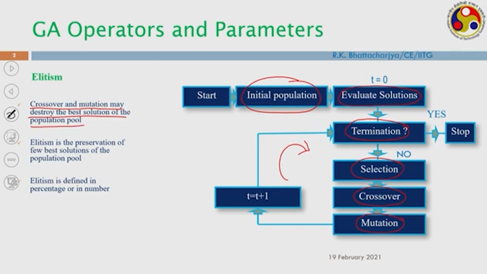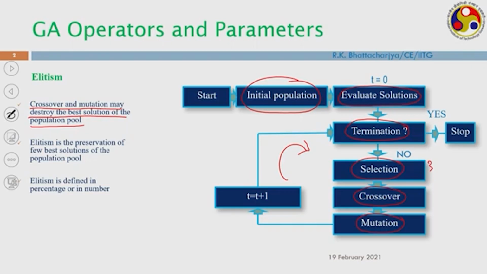It is not that crossover and mutation will always create a better solution than their parents; sometimes they may create an inferior solution, but at that time you need not worry, because when this solution goes through the selection operator again, it will be eliminated in the next iteration.